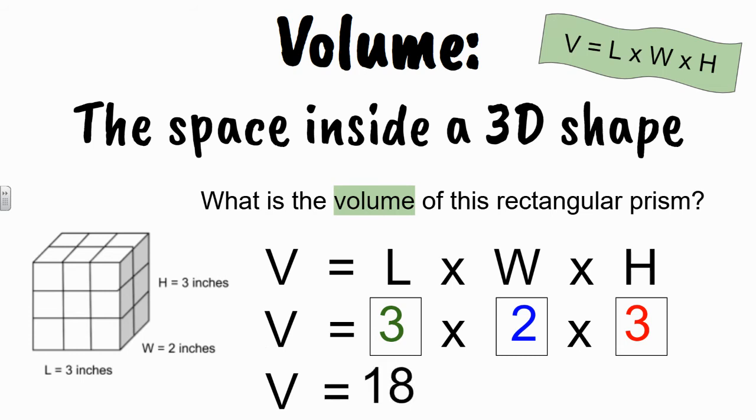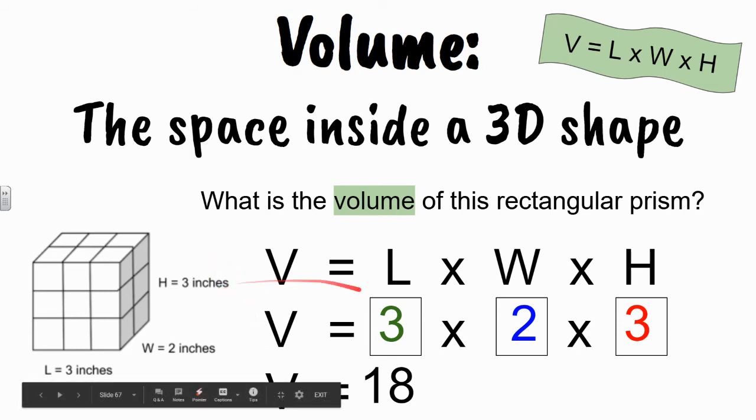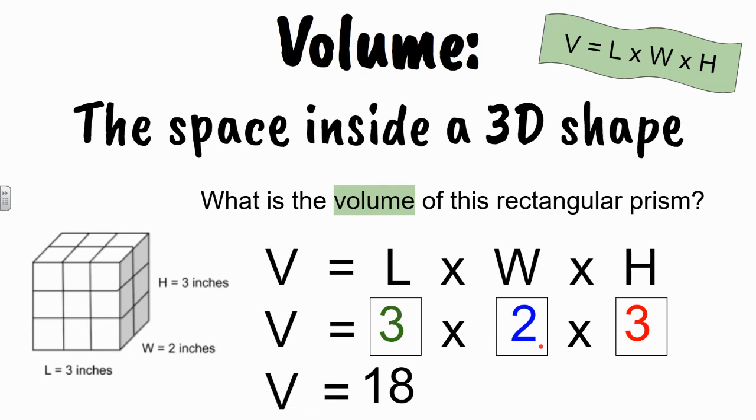Now, order does not matter how you order these when you're multiplying them because of the commutative property of multiplication. If you think about it, if you want to multiply 3 times 3 first, 3 times 3 is 9. And then multiply 9 times 2, that's still going to get you the same answer of 18. So however it helps you to multiply those together. Now we talked in the last example, 18 is not good enough. We need to label that. And so the correct label here would not be cubic centimeters.